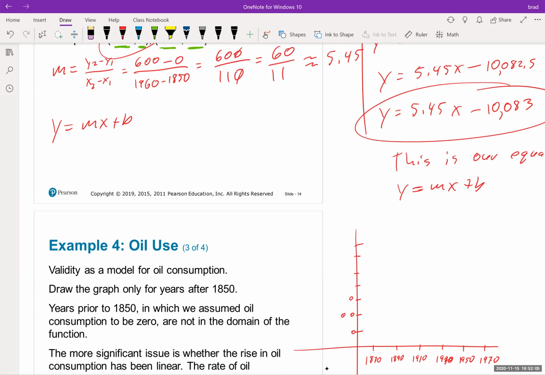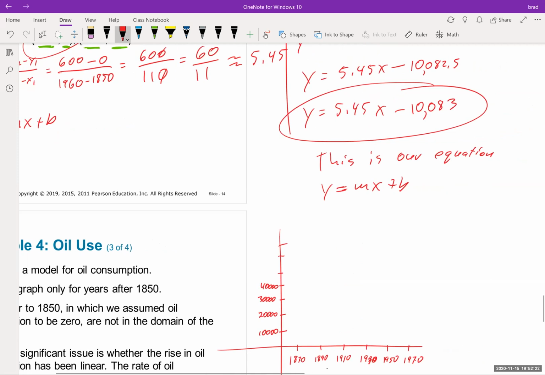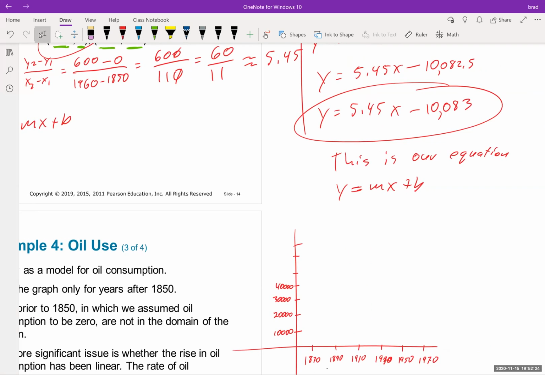You know what I'm going to do? I'm just going to do, no, I can't do it that way because I already set up the problem. I was going to adjust it, but it would just be more confusion. So on and so on. Okay. So now we're going to say we go over 5.45 x for every one.